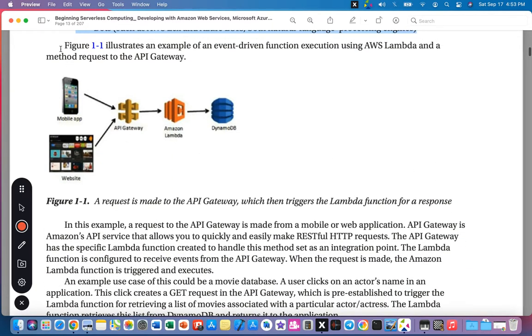Figure 1.1 illustrates an example of an event-driven function execution using AWS Lambda and a method request to API Gateway.